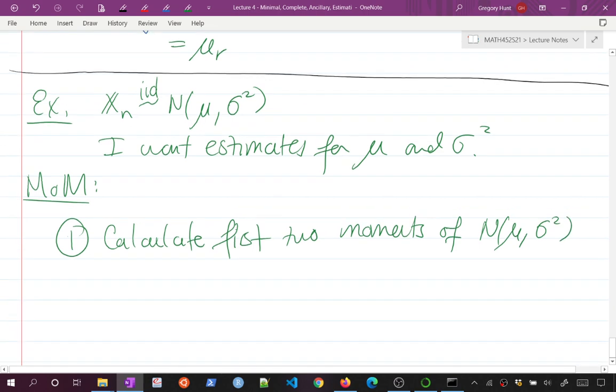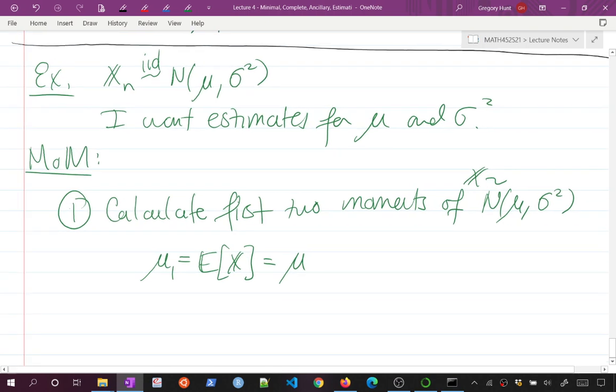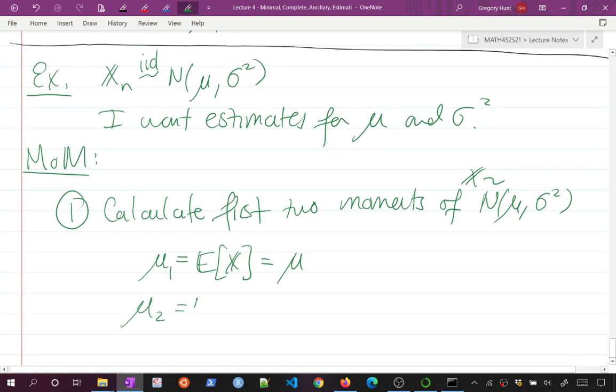Calculate the first two moments of my underlying distribution. So mu1, we're envisioning some x that's distributed normal mu sigma squared, and mu1 is of course the expected value of this thing, which is mu, not surprisingly. Mu2 would be the expected value of this squared.